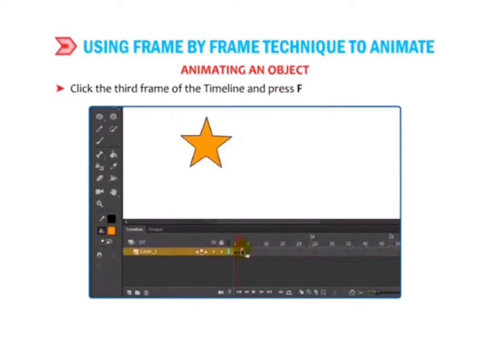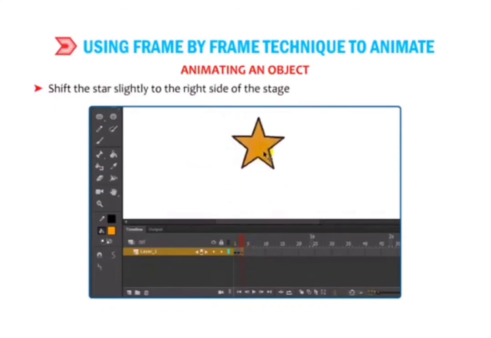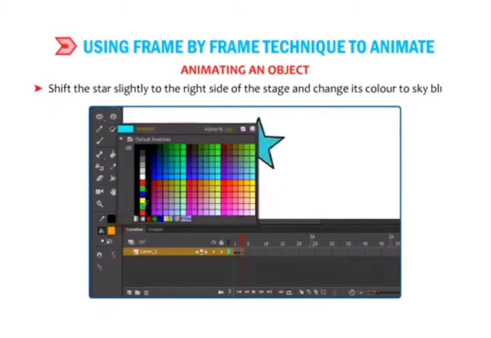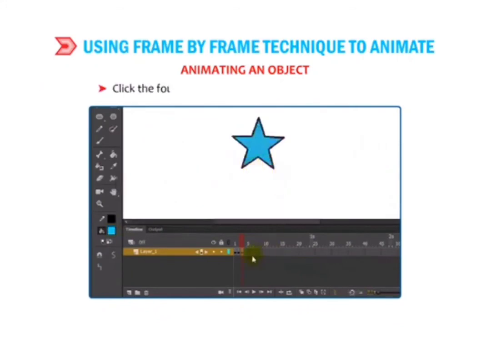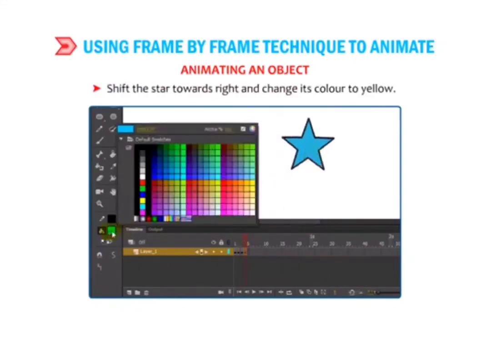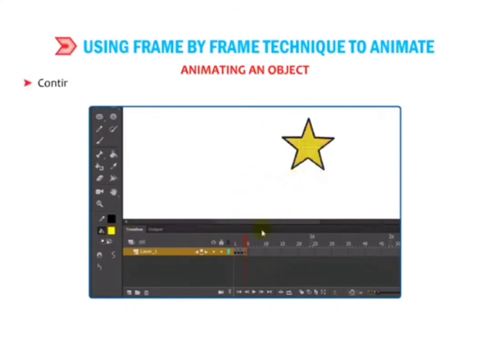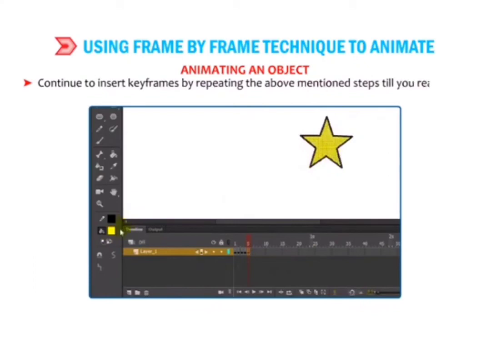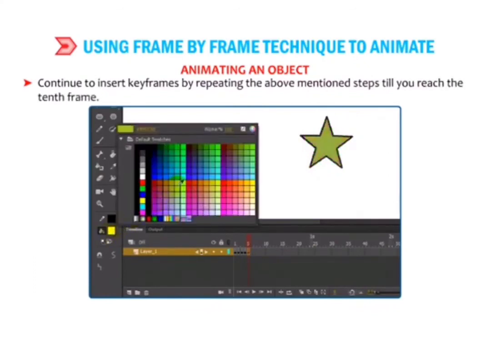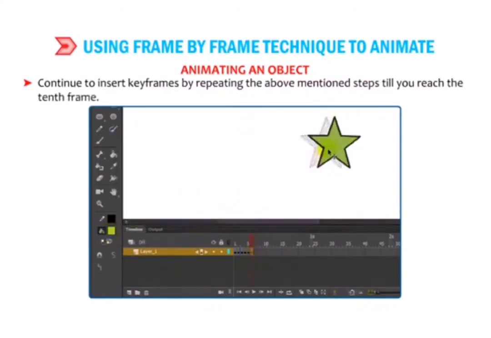Click the third frame of the timeline and press F6 to insert a keyframe in it. This is the shortcut. Shift the star slightly to the right side again of the stage and change its color to another like sky blue. Click the fourth frame of the timeline and press F6 again. Now again shift the star towards the right and change its color to anything. I'm changing it to yellow. Continue to insert keyframes by repeating the above mentioned steps till you reach the 10th frame. You have to cover 10 frames.